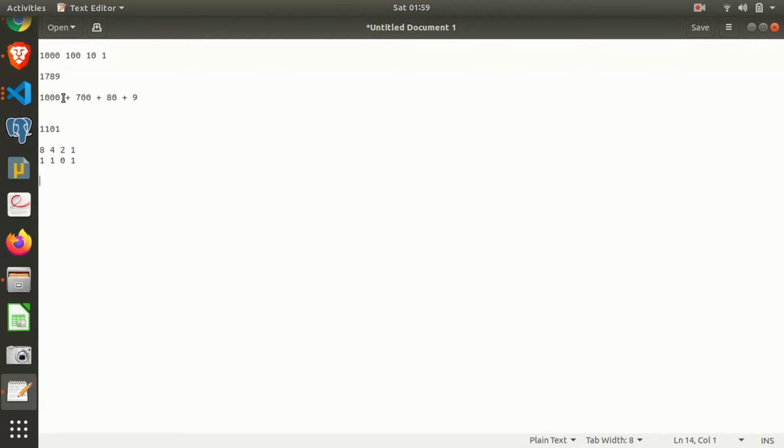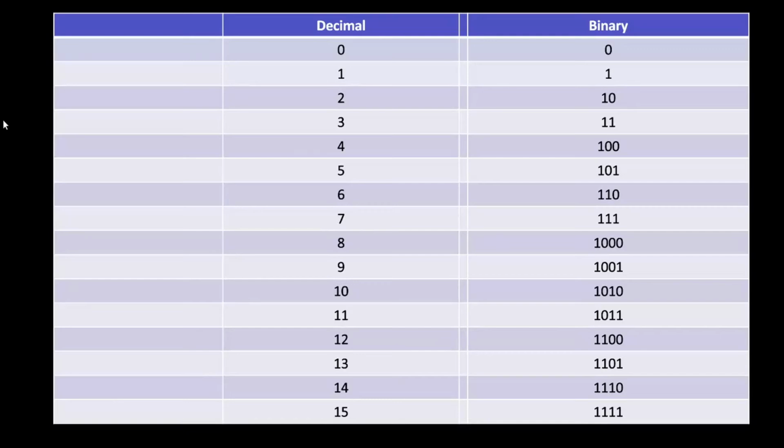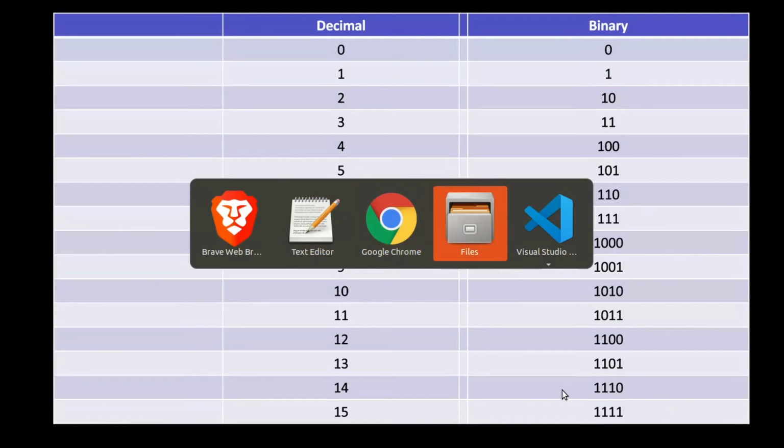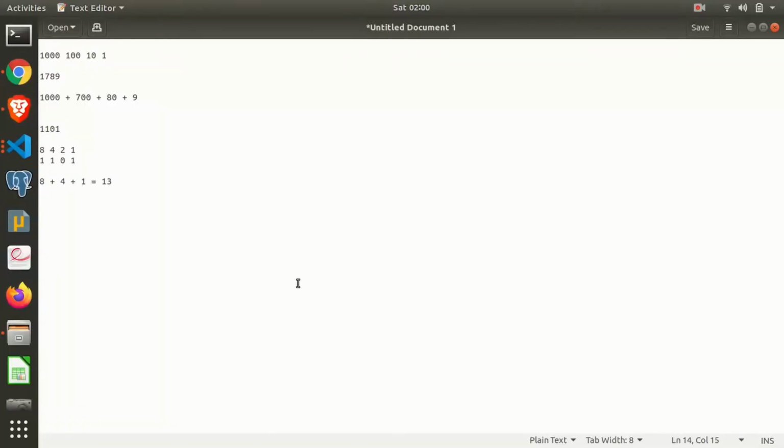For example, at the 8's place we have 1, so we consider 8. At the 4's place we have 1, so we consider 4. At the 2's place we have 0, so we don't consider it. At the 1's place we have 1, so the answer is 8 plus 4 is 12, plus 1 is 13. Let's see whether it's right or wrong. So 13 is represented as 1101. So this is how the conversion takes place.